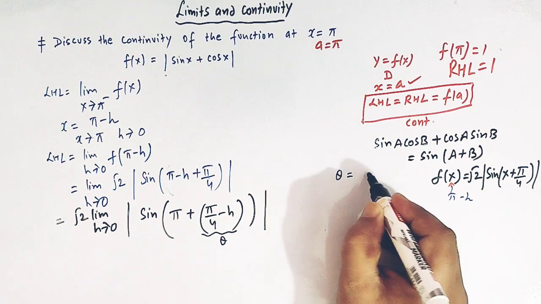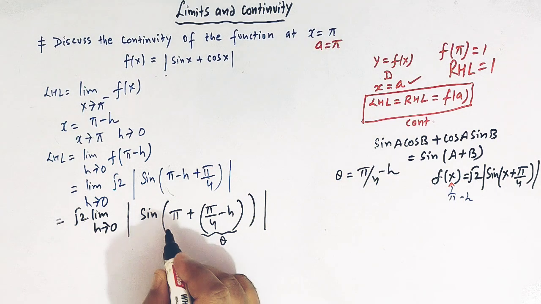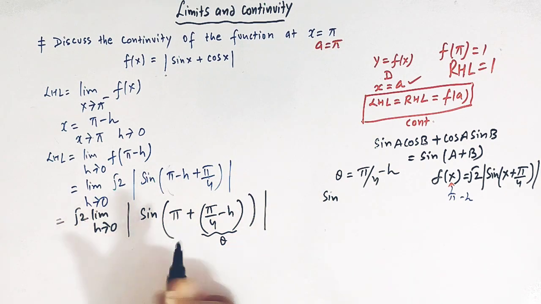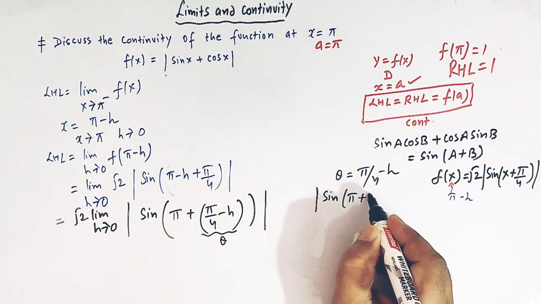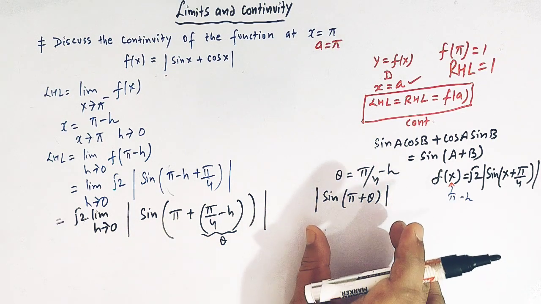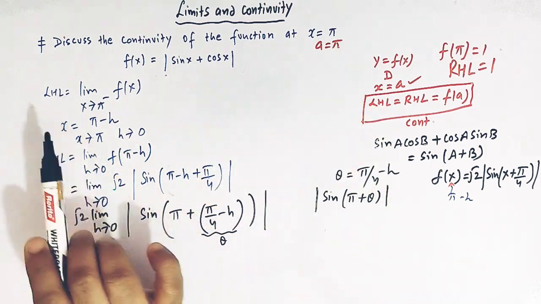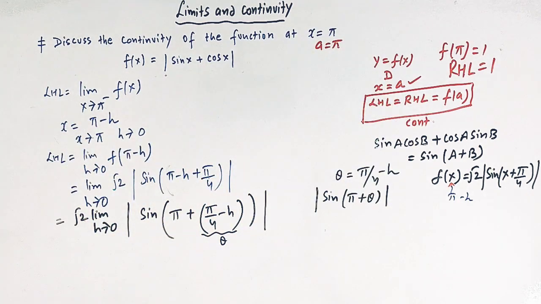So theta is pi by 4 minus h, right? So this expression becomes mod of sine pi plus theta, right? So we have got the same expression as we got in the previous session, where we obtained the value of the right hand limit.